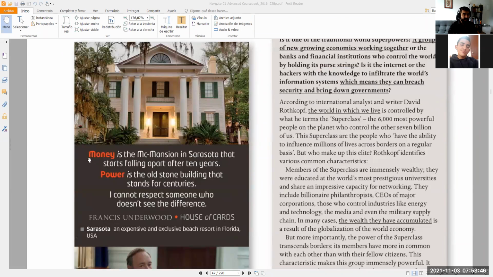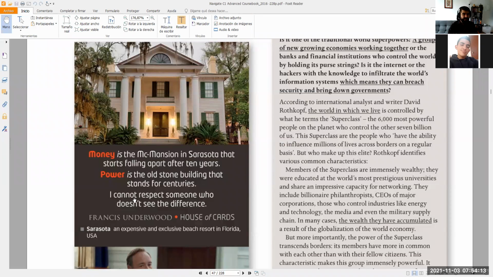So it says here, guys, money is the Mac mansion in Sarasota that starts falling apart after 10 years. That is extremely powerful. And just for that sentence, one should watch this TV series, because I haven't watched it myself, but the vast majority of people around me said you really have to watch it.